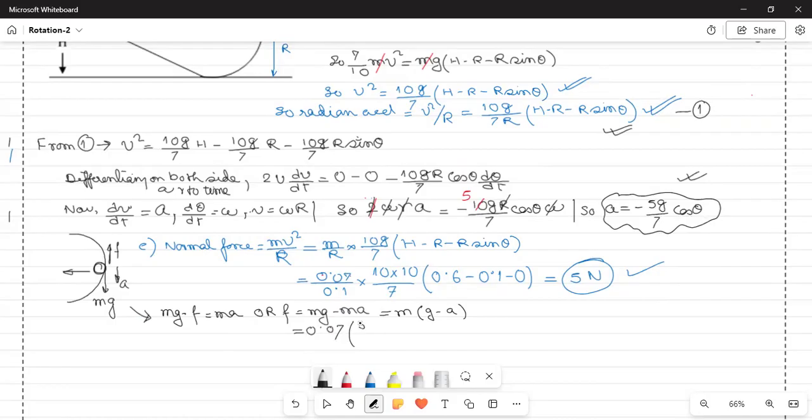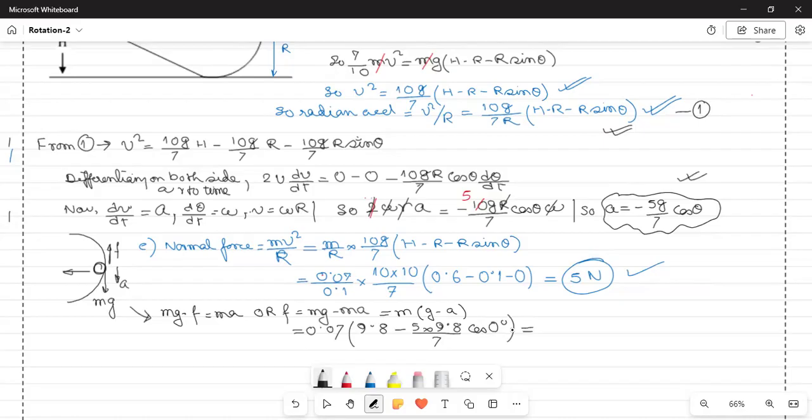G we consider 9.8 minus a, which is already available here, 5g by 7, with g taken as 9.8, into cos theta, which is cos 0 degree.